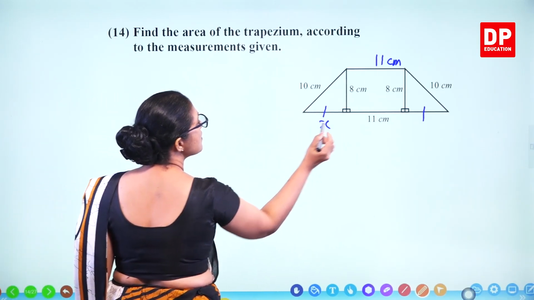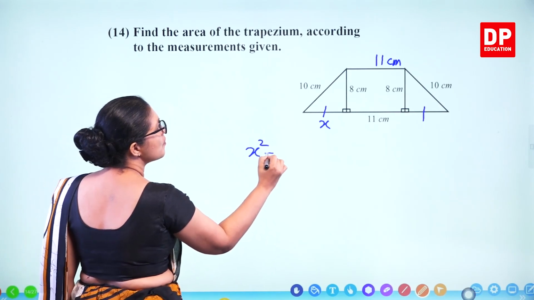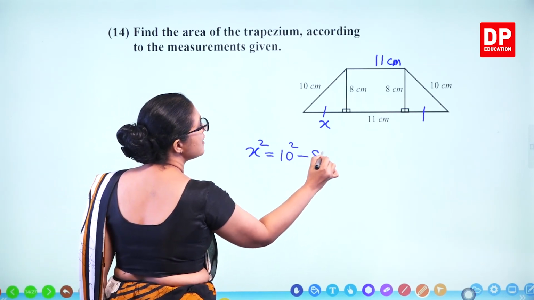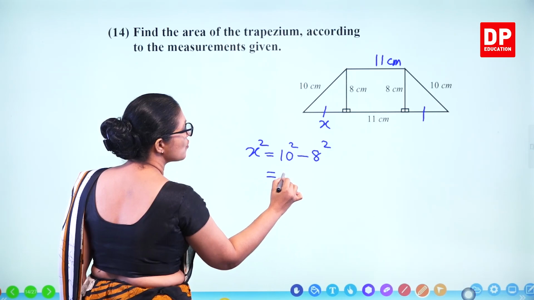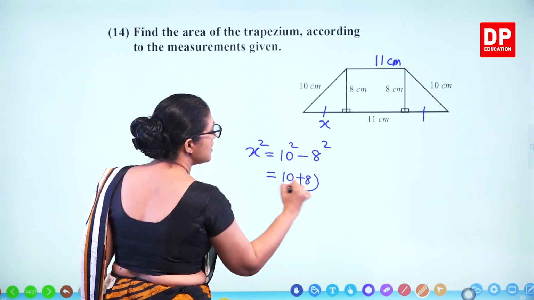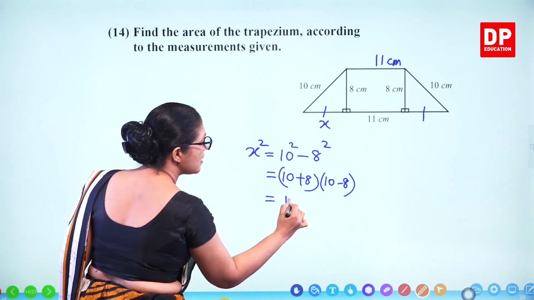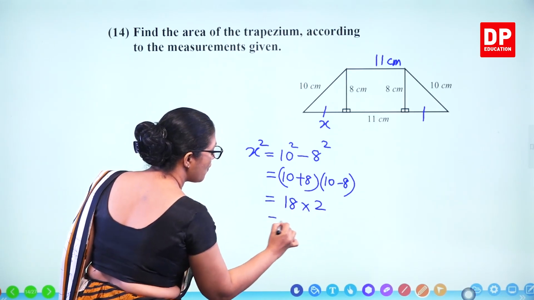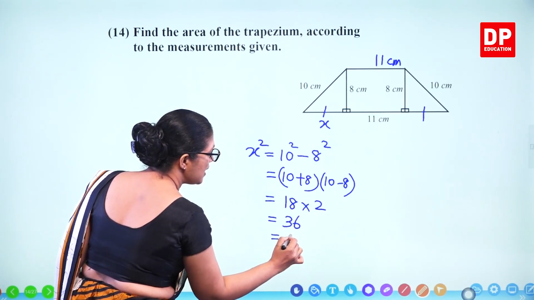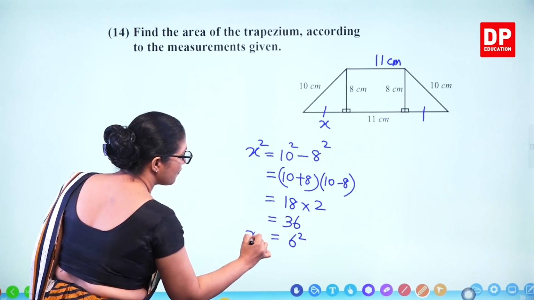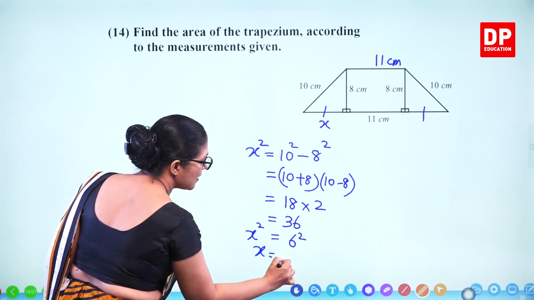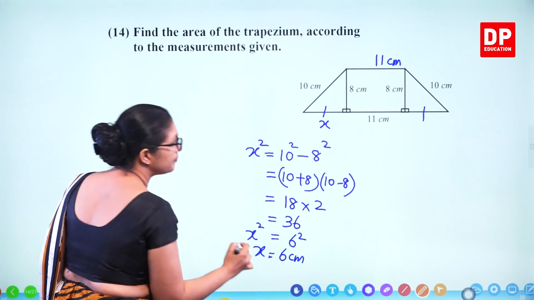So put x. x squared is equal to 10 squared minus 8 squared using Pythagoras. So 10 plus 8 and 10 minus 8, difference between two square terms. 18 times 2, 36. That means 6 squared. So what is x? 6 centimeters.